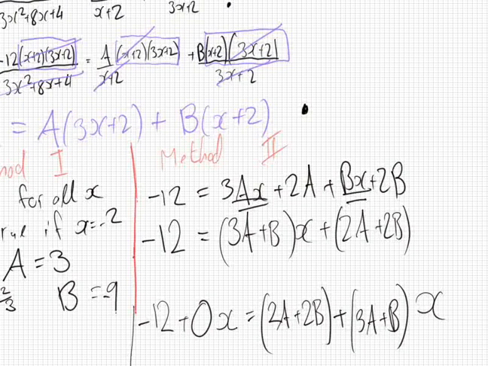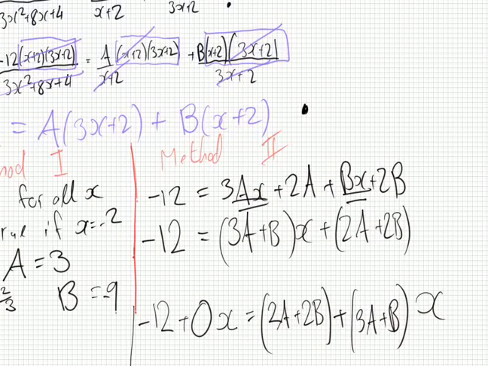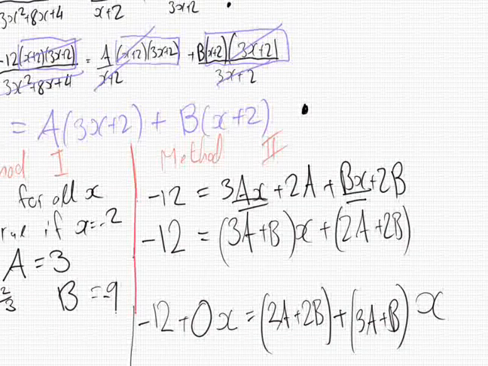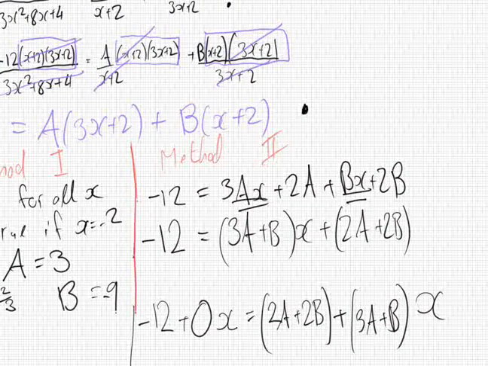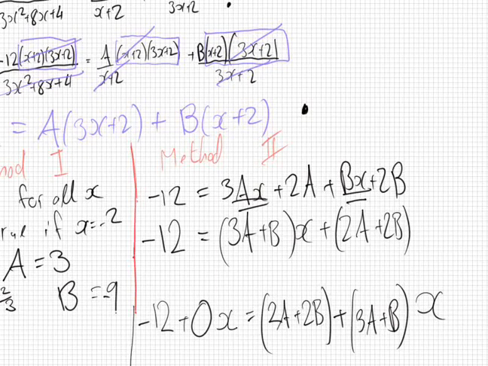Now, why do you think I wrote it very explicitly like that? Any ideas? Why did I open this up and just rewrite it down here like that? I mean, I'm not doing much. All I did was I put this at the back. Yeah?